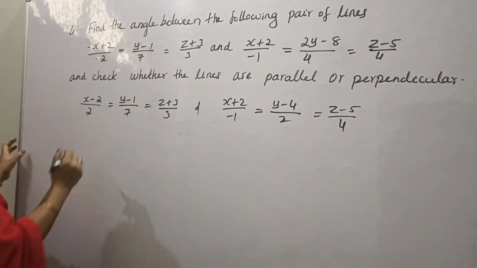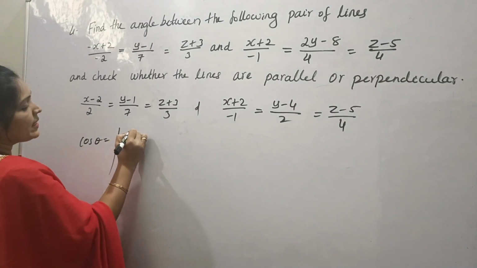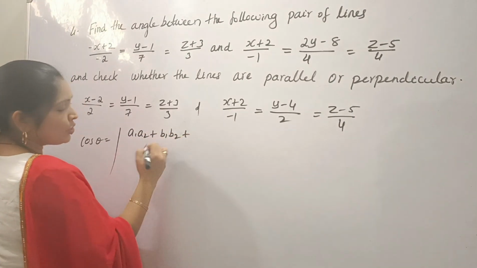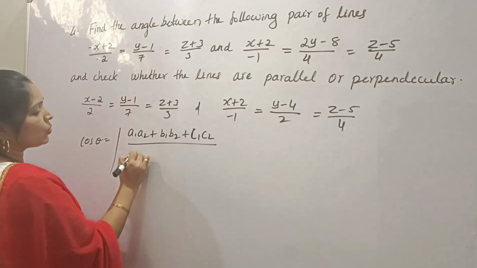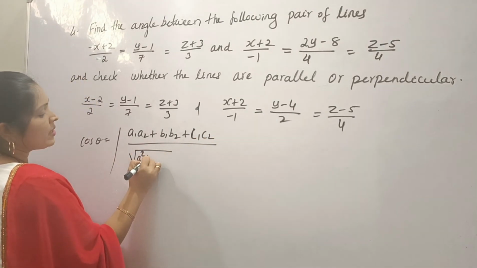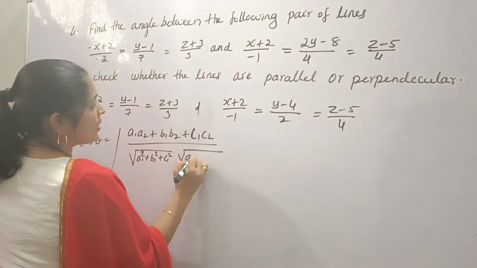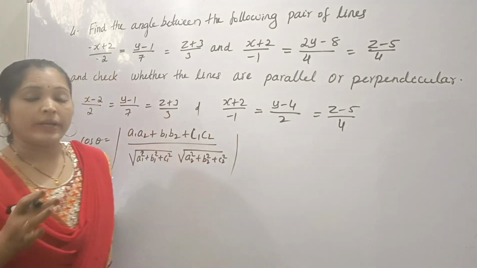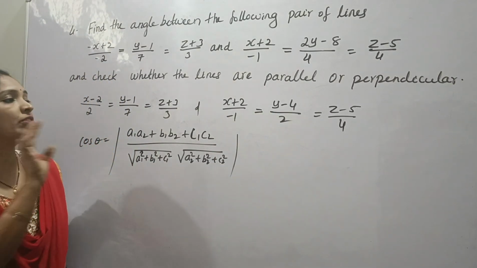Okay, that is cos theta is equal to modulus of a1 into a2 plus b1 into b2 plus c1 into c2 divided by root of a1 square plus b1 square plus c1 square into root of a2 square plus b2 square plus c2 square. What are a1, b1, c1, a2, b2, c2? Direction ratios of these two lines.